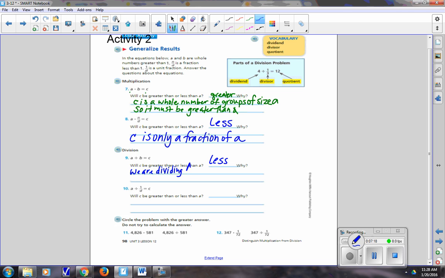I'm making these capitals. We're dividing A into a whole number of parts.